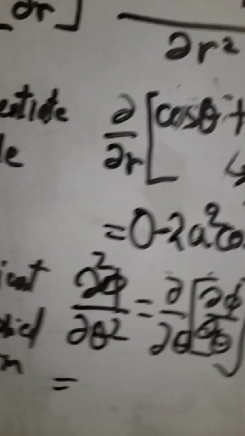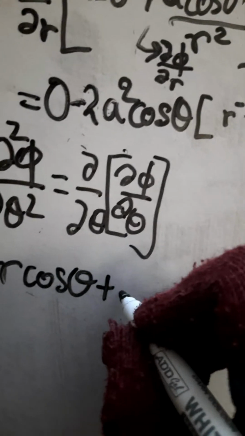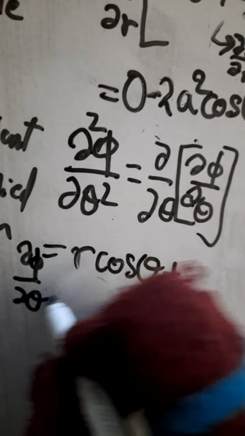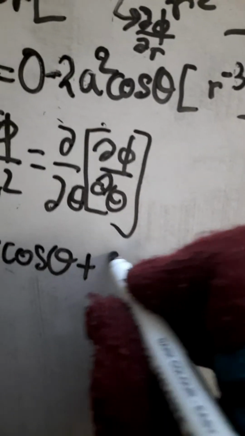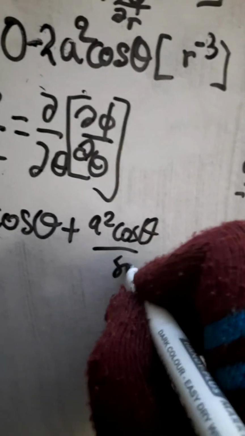So what do I have here is... okay, wait a second, did I do some mistake? No, I don't know. R cos theta plus, so first I have to find del phi by del r. Del phi by del theta is r cos theta plus a square cos theta by r.